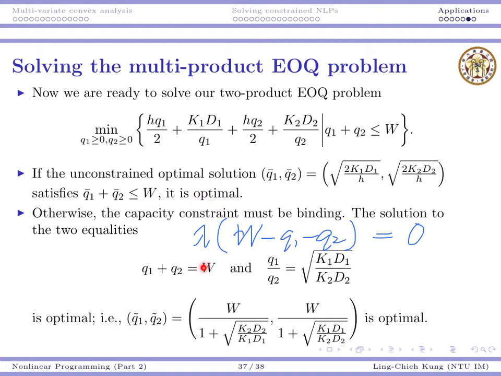If lambda is positive, then this capacity constraint must be binding. This is the second case. Or if the constraint is non-binding, then lambda must be 0, and optimality requires the unconstrained first order condition to be satisfied.